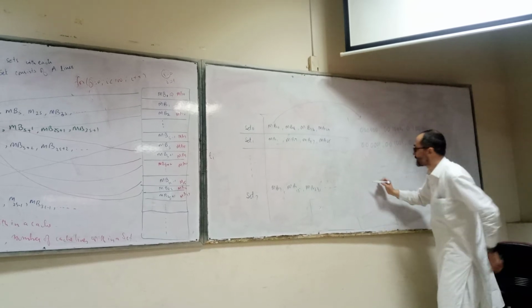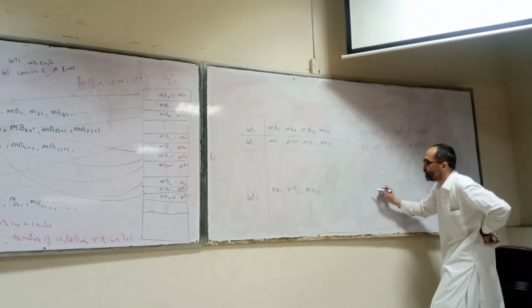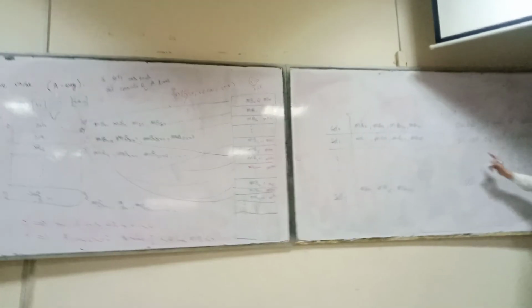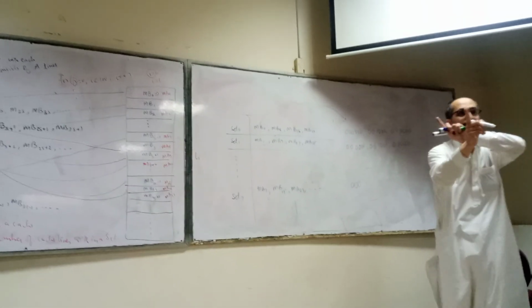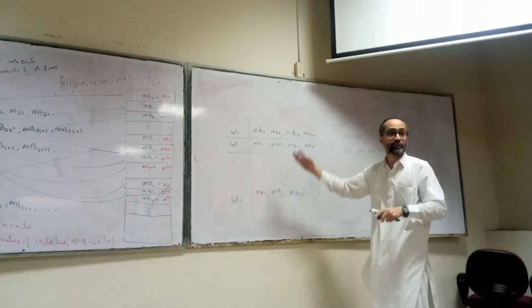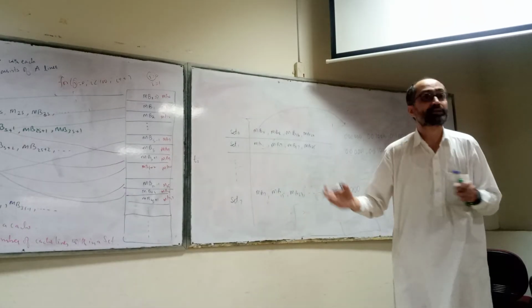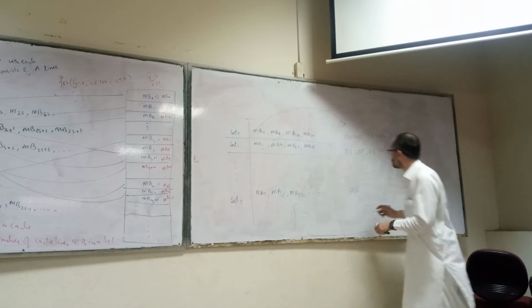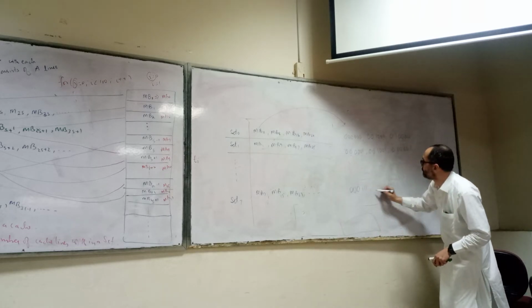And if you look at the last one, MB7, I'm ignoring the most significant bits. Maybe there are 24 bits, all of which will be zeros. So 7 is 0, 0, 0, 1, 1, 1.